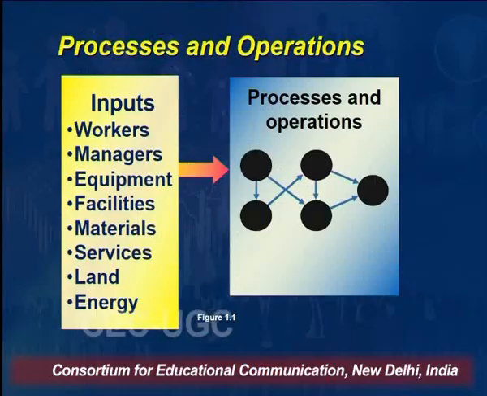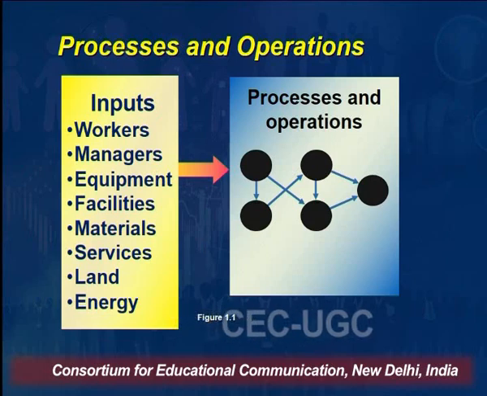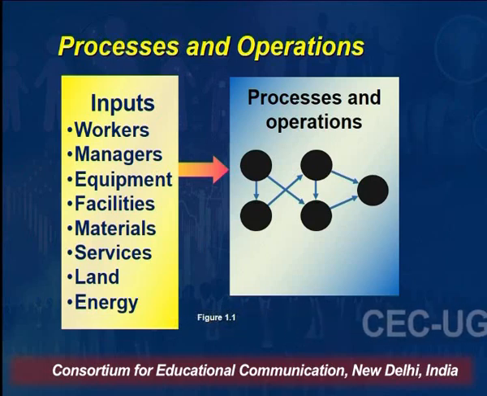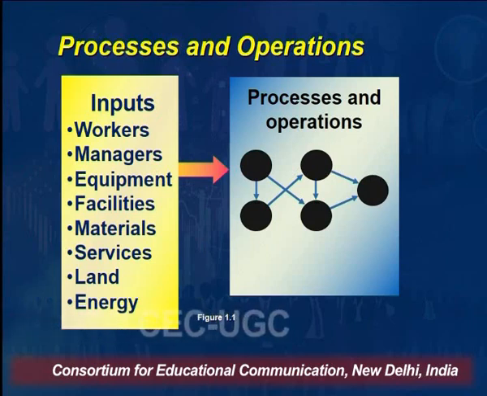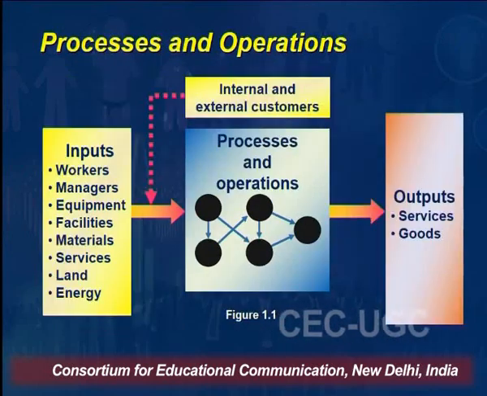After that, you do certain operations on it, certain transformation on it. This is an illustration that there could be so many processes, 1, 2, 3, 4, there could be 100 processes in a large industry, and 5 processes in a small industry.